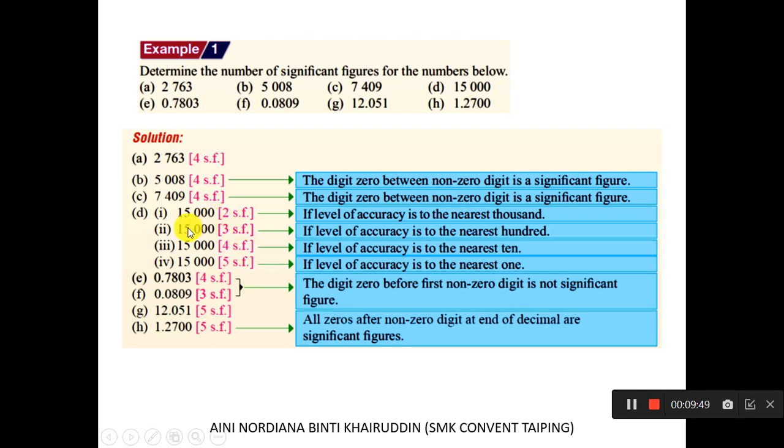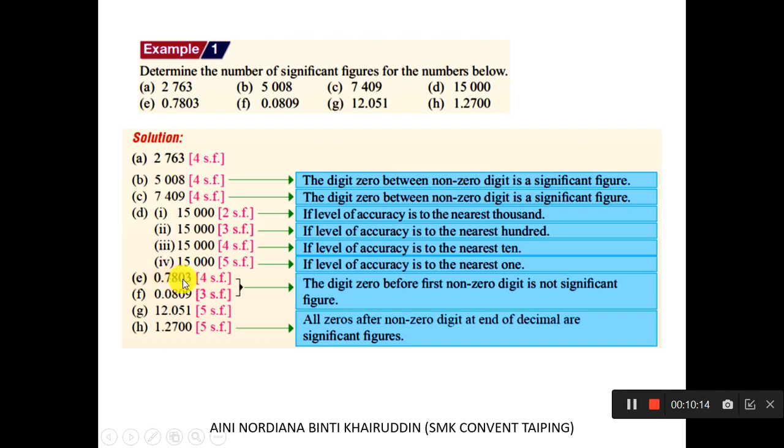Okay. Usually the question will give the level of accuracy. So based on the level of accuracy stated in the question, you can determine the number of significant figures. So have a look at E. This is a decimal number.